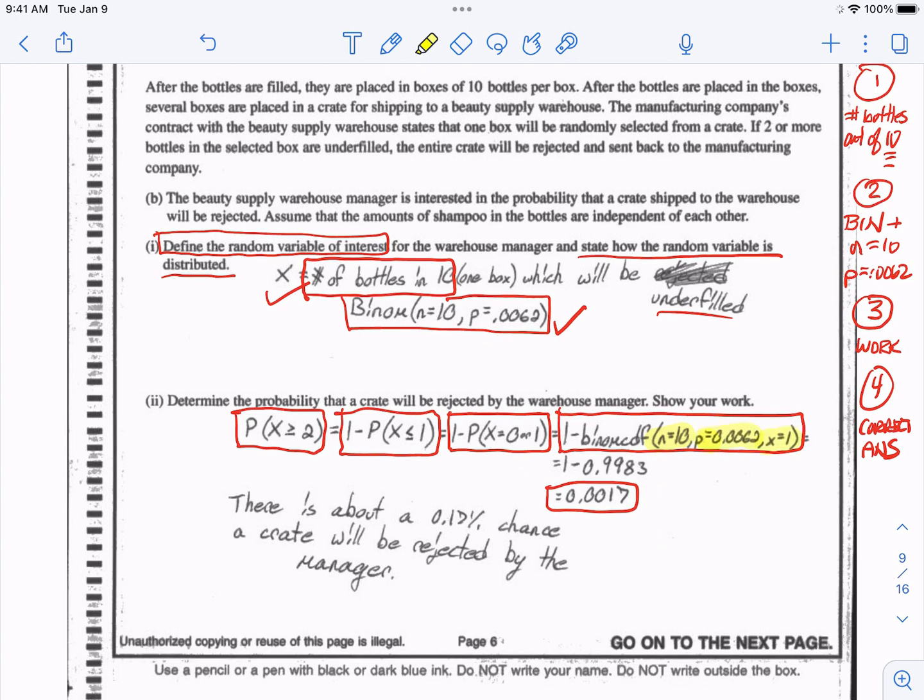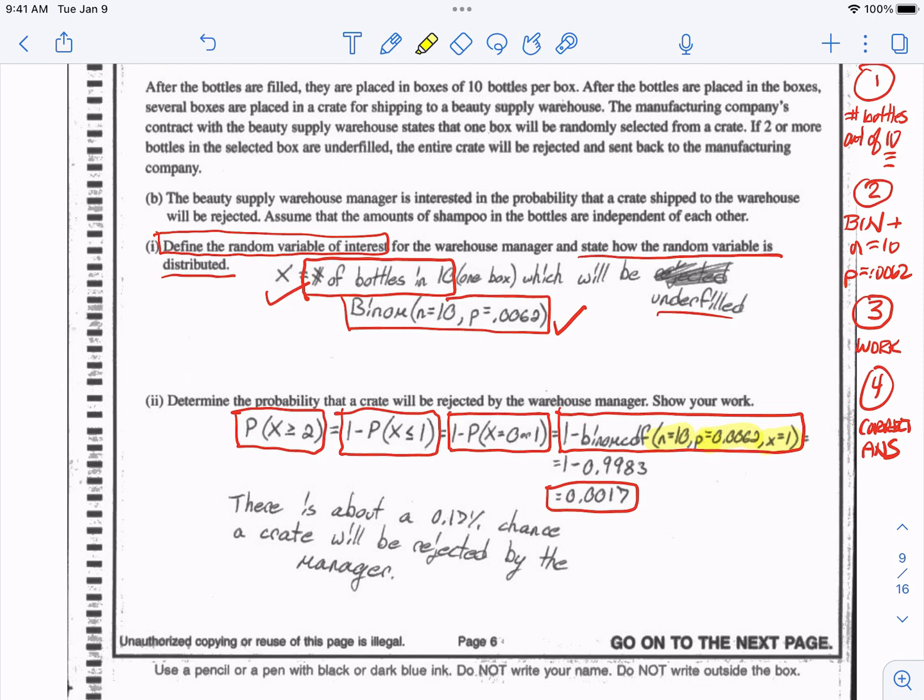That's the thing that's important. Calculations are fine typically on the AP exam as long as parameters are labeled. So all of these pieces that I just boxed in, so what are there, 4? All 4 of these by themselves would have given students credit for the work piece.